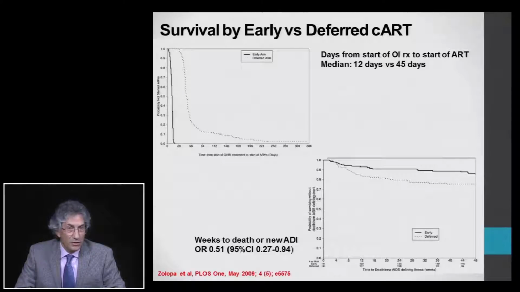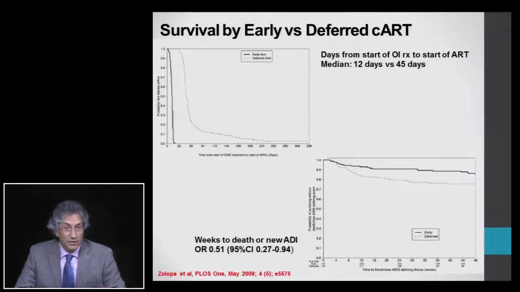And the dotted line shows the more gradual onset of antiretroviral treatment among people with opportunistic infections who had a delayed, more usual onset of antiretroviral therapy. The table on the right shows the difference in mortality.